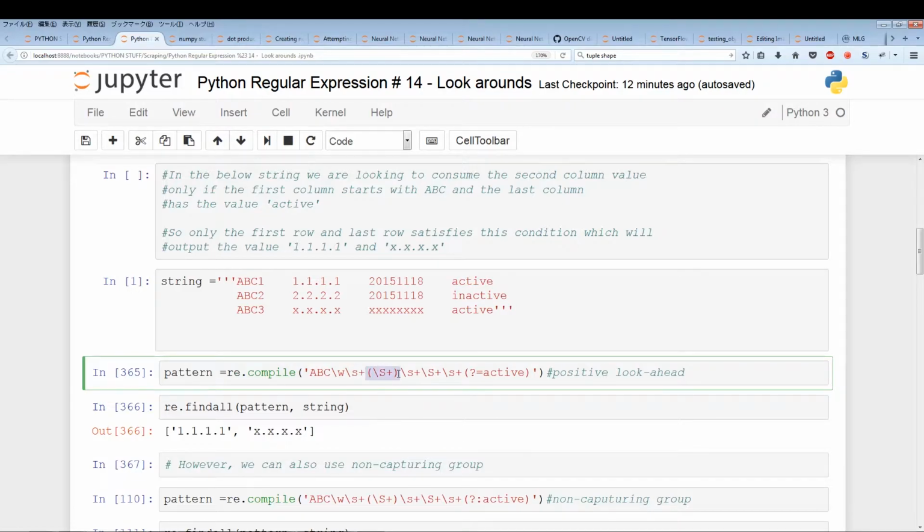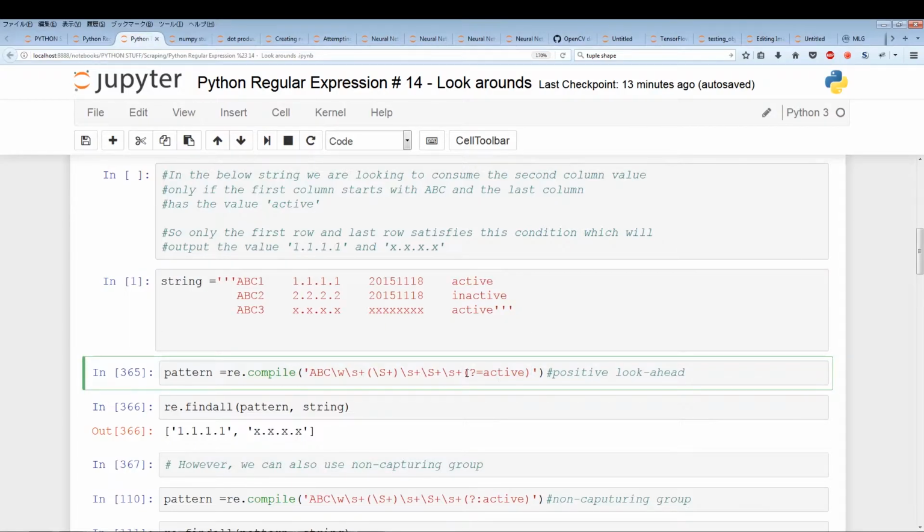Then it's followed by a bunch of non-space characters, which we're capturing because of this group. This is one of the outputs we're going to get. Then it's followed by a space. So again: ABC followed by an alphanumeric character, some spaces, then a bunch of non-space characters, followed by more spaces, and then this is where we use our positive look ahead.